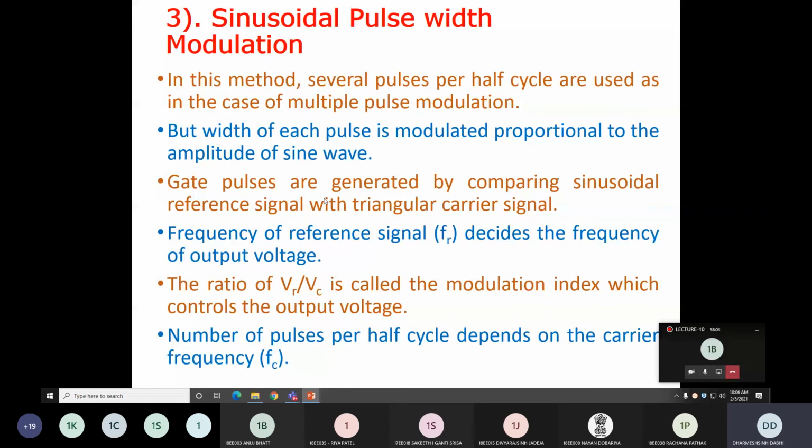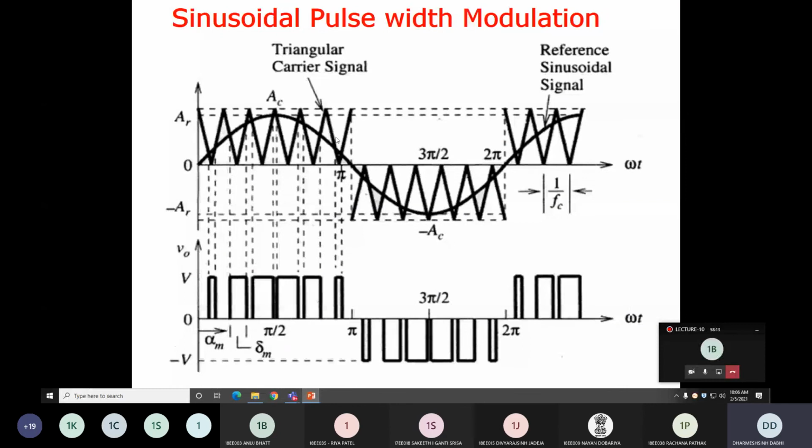Let's see by example how we can get the modulated pulse by the sinusoidal pulse modulation technique. Here we compare the sinusoidal reference signal with the high frequency triangular wave. Again, the peak of the carrier is more than the peak of your reference signal, which is common for all PWM.